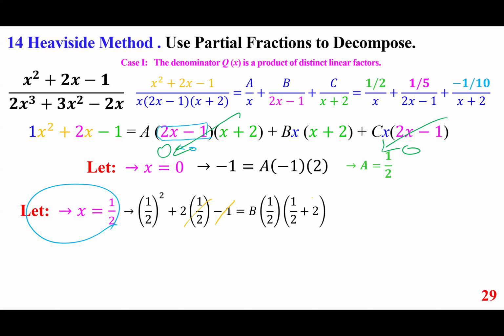And this is 2.5. That means 5 halves times 1/2 is 5/4. So we get 1/4 is b times 5/4, and b becomes 1/5. Again, very straightforward, very simple, everybody.